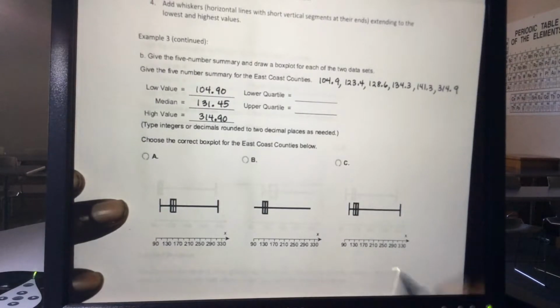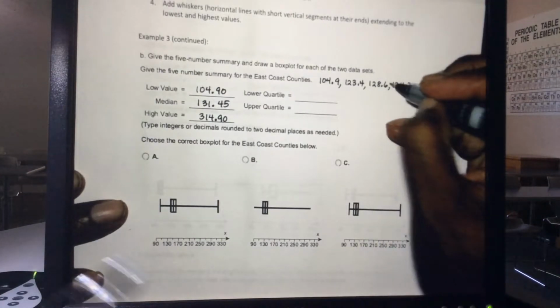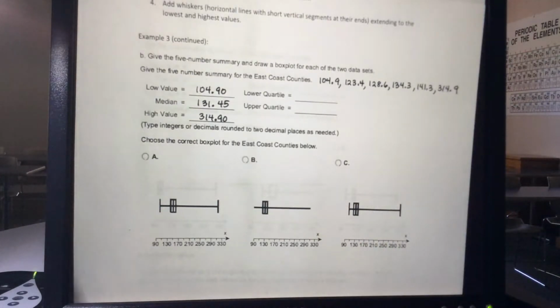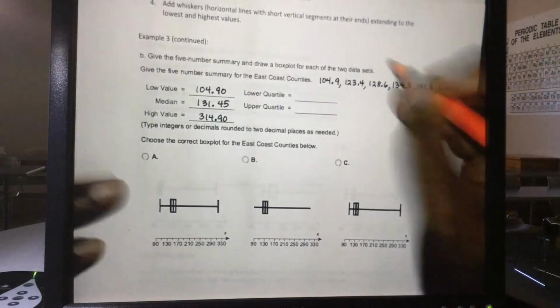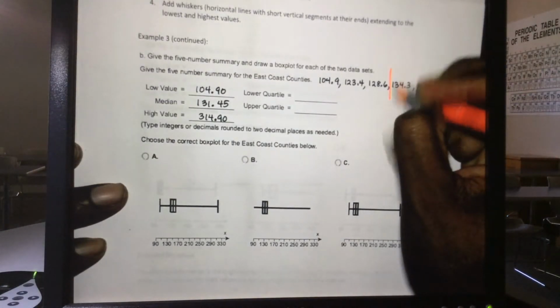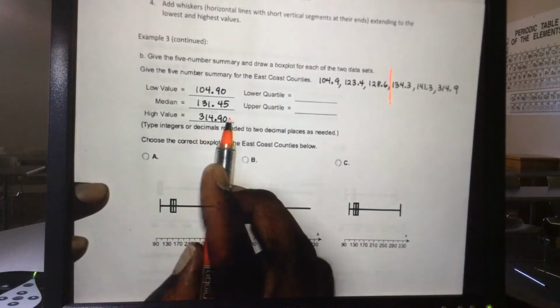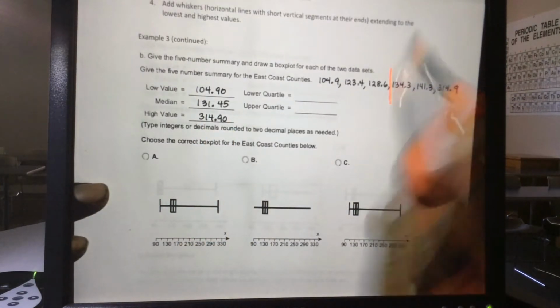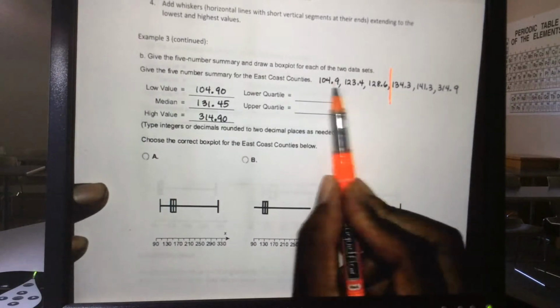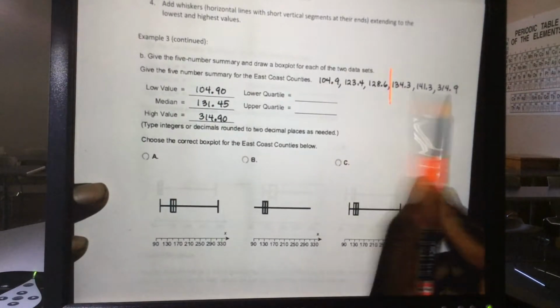Okay. Now we know the median is in the middle of these two. We know the median was 131.5. That's in the middle. So this is your lower set of numbers.